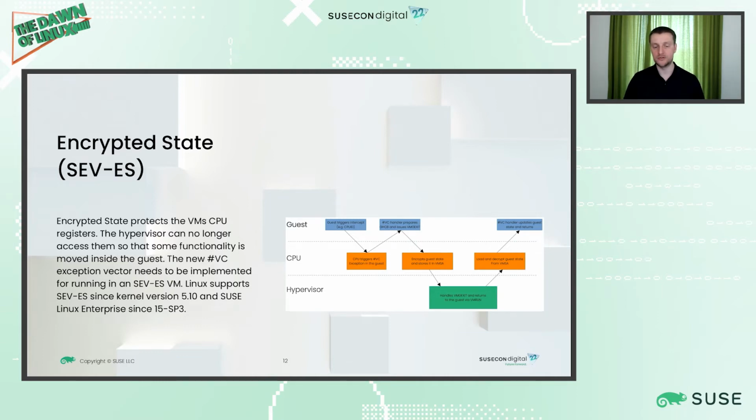Usually it also talks to the hypervisor in this process with a paravirtualized protocol. But in this protocol, the guest only reveals the information which is needed to fulfill the request and not the whole register state. So the whole register state is hidden from the hypervisor, and the hypervisor only gets the information it really needs to fulfill the requests.